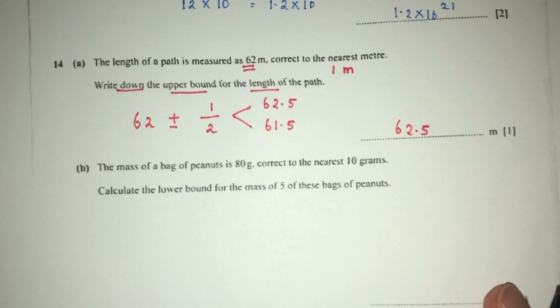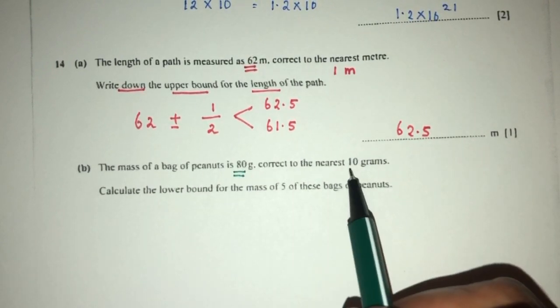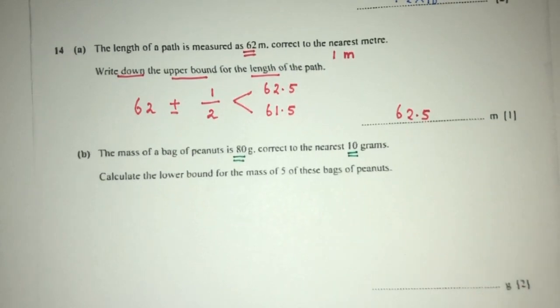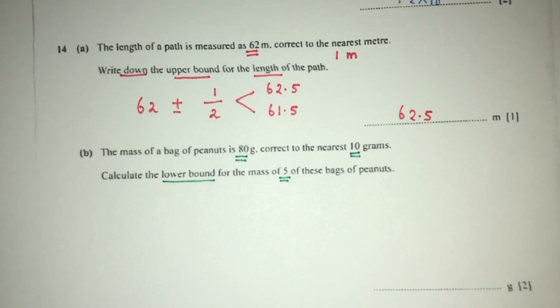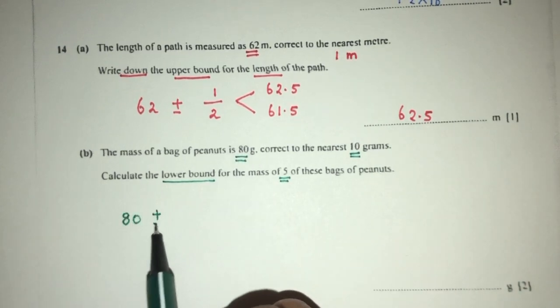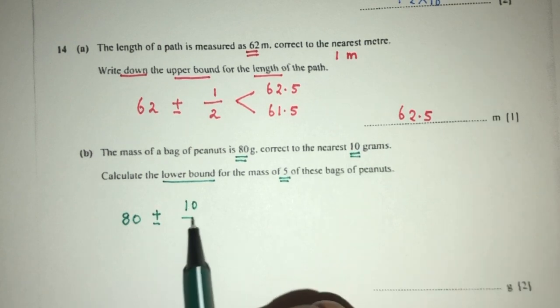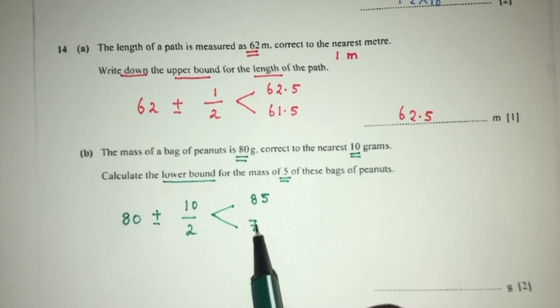Now for part B, the mass of a bag is 80, correct to the nearest 10 grams. So find the lower bound of the mass of 5 of these bags. So one by one. First we have 80, the measured value, plus minus the nearest value over 2. That will become 85 and 75.